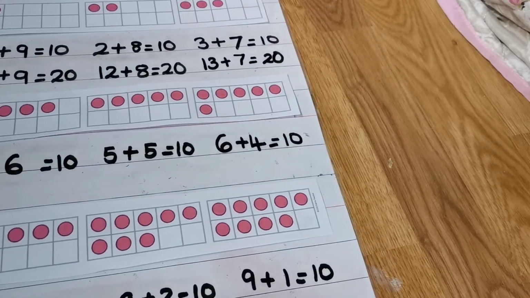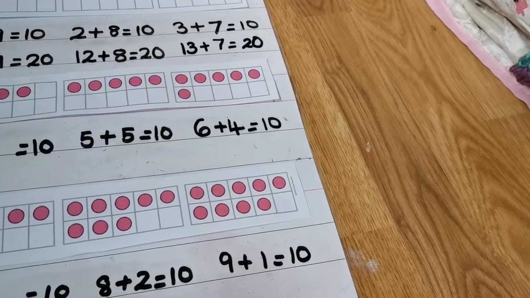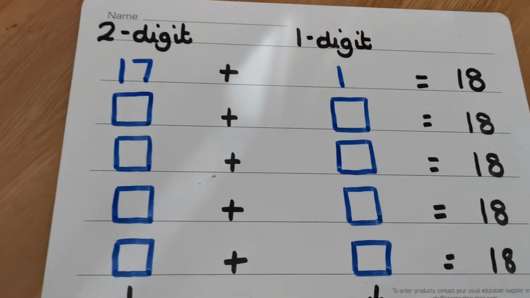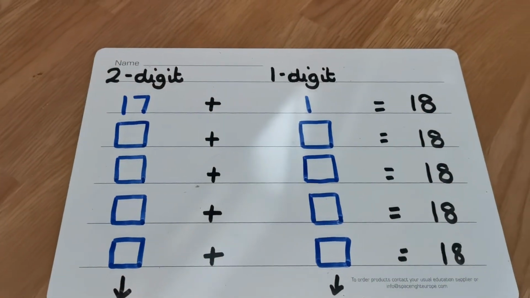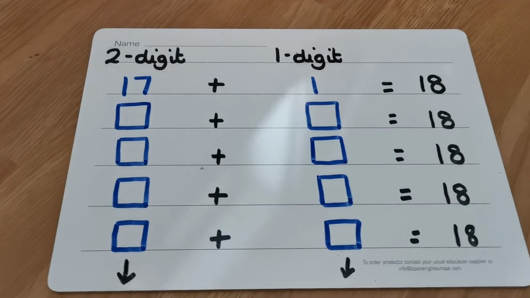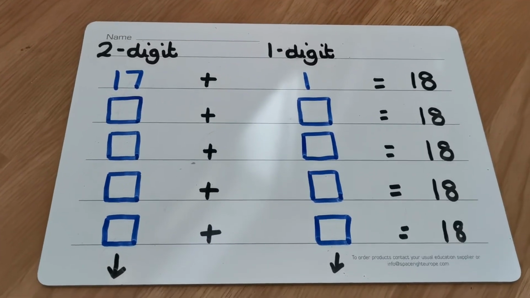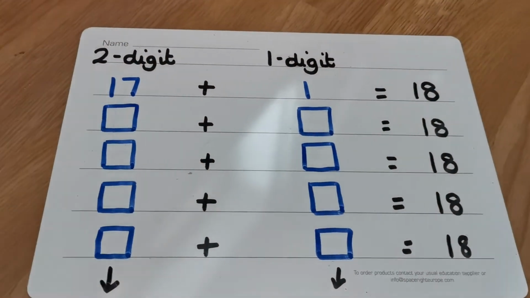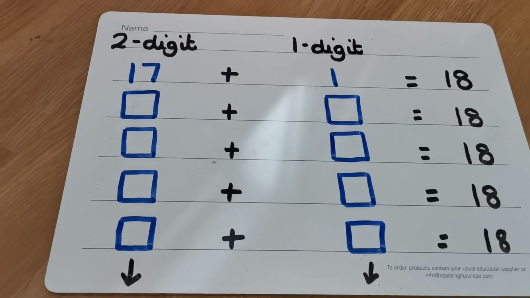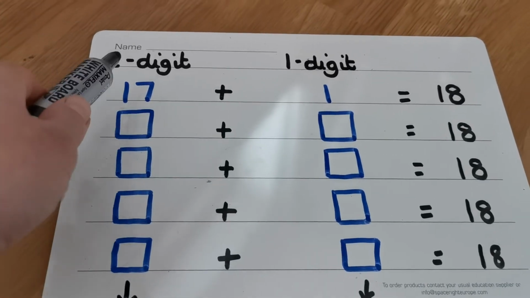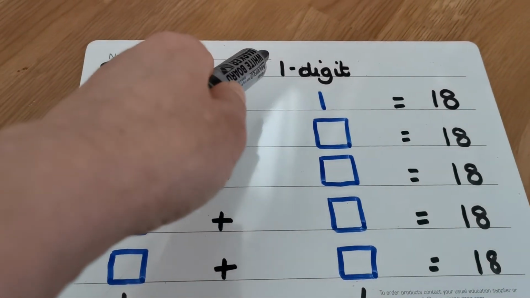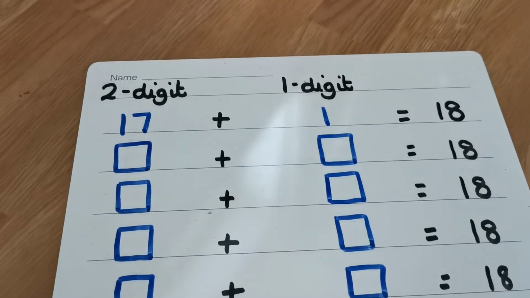If you find that easy, your next job is the tricky challenge. Now I'm going to show you quickly. If you want to have a go when you've finished that, great. If you don't want to have a go, that's up to you. Your tricky challenge today is to use a 2-digit number and a 1-digit number, but you've got to make 18.